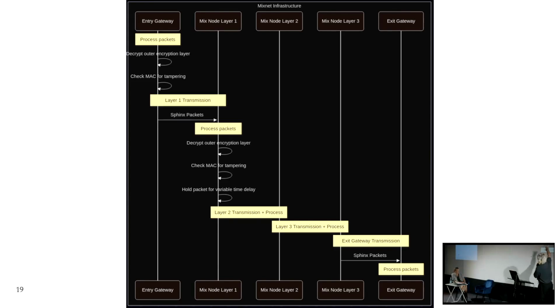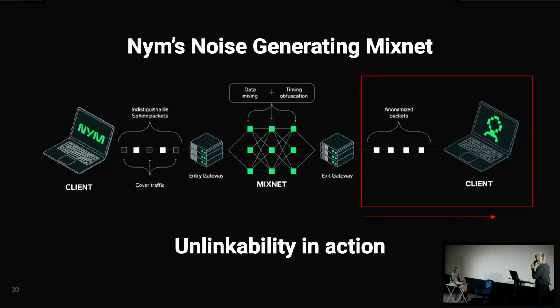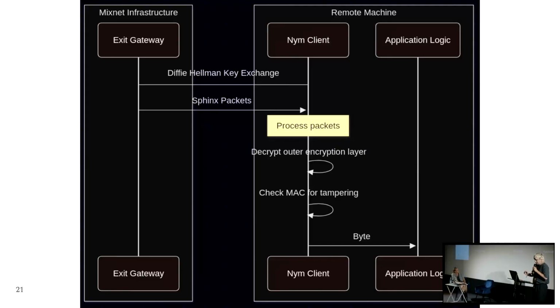So they all have to be re-aggregated at the exit gateway. The exit gateway gets all of these packets, unwraps another layer, and goes, okay, great, I can finally deliver this to the client whose app can then do something with the traffic that has been sent to it.